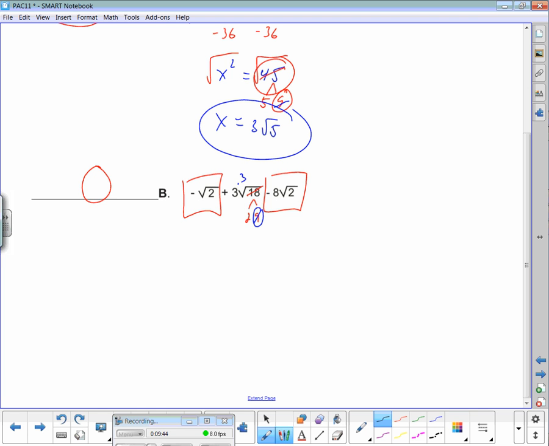So let me rewrite what we've got. Negative square root of 2 plus 3 times 3 is 9, 9 times the square root of 2 minus 8 times the square root of 2. All right, let's add them up. This is a negative one of them, right? Negative 1 of them and positive 9 of them leaves me positive 8 of them. Positive 8 of them and negative 8 of them leaves me nothing.